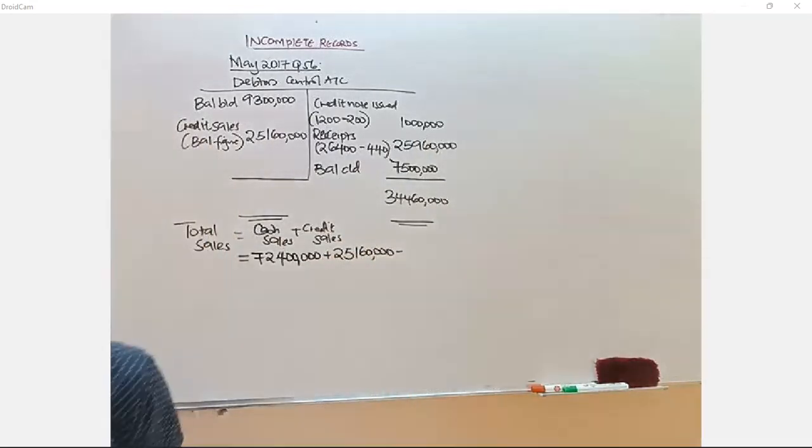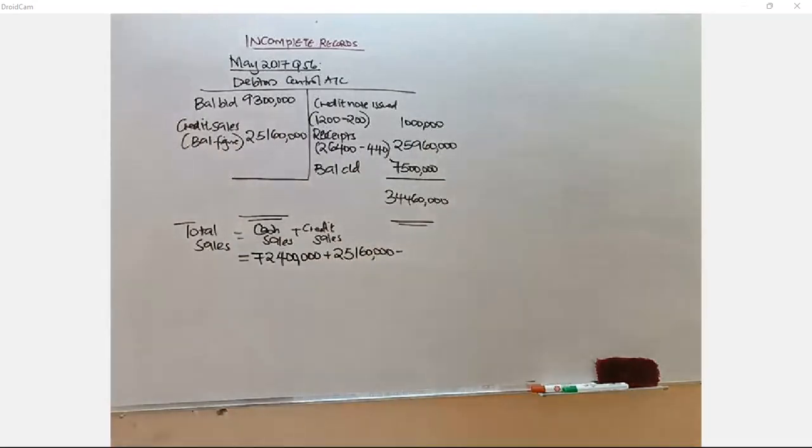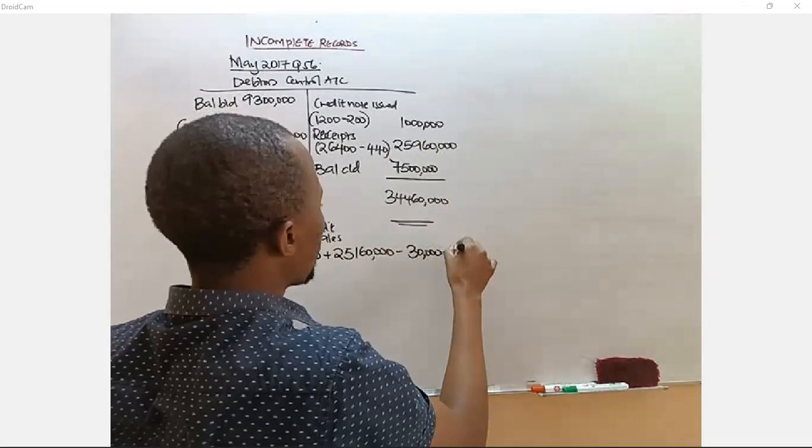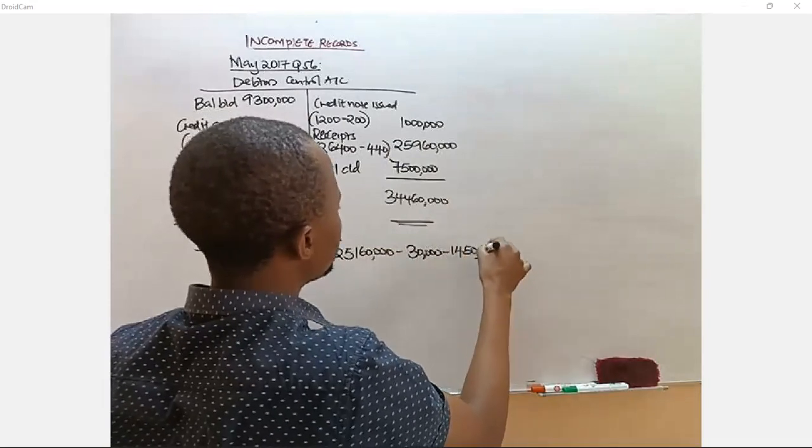In note number 5, we have been told included in the sales figure is 30,000 shillings for interest on drawings by B and proceeds on disposal of machine of 1,450,000, which should be eliminated. It should be subtracted here.